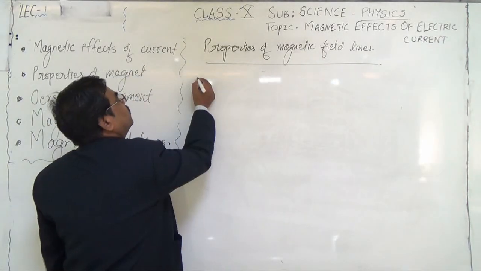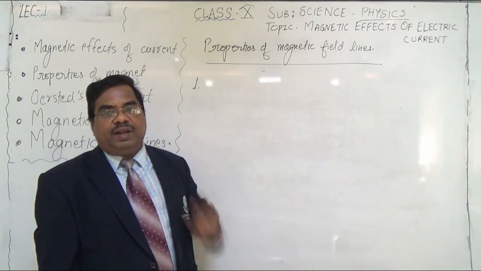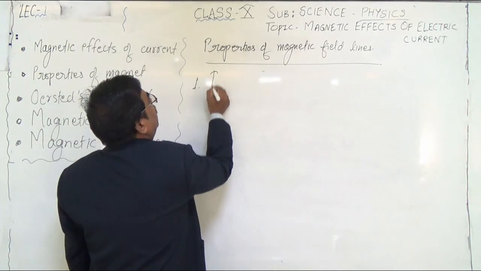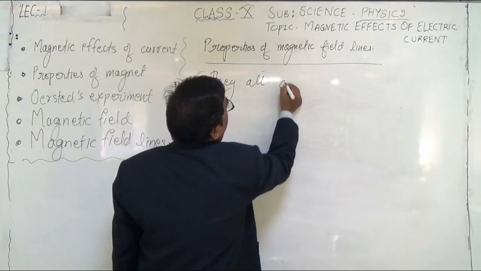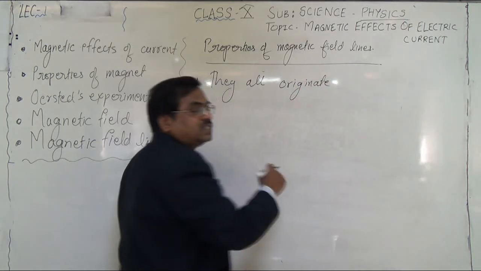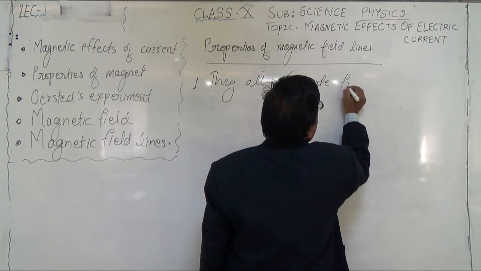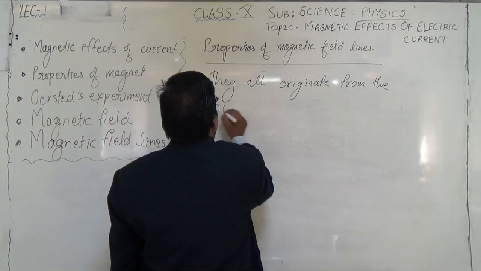The first important property of the magnetic field lines is that they all originate from the north pole. Originate means start. They will start from the north pole of the magnet.